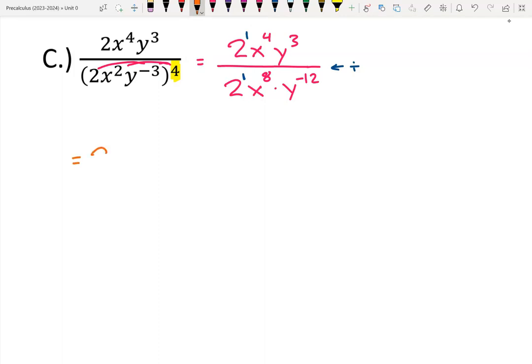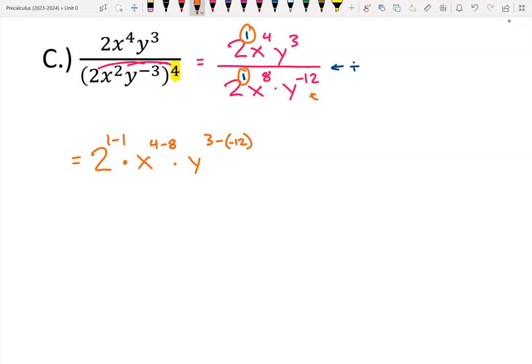So that would be equal to 2, and then I take the 1 and 1 and subtract, so 1 minus 1, times x, and I have 4 minus 8, times the y's, and I have 3 minus, now be careful, I'm subtracting because we're dividing, but I also already have a negative here. So I could say minus negative 12, that could work.